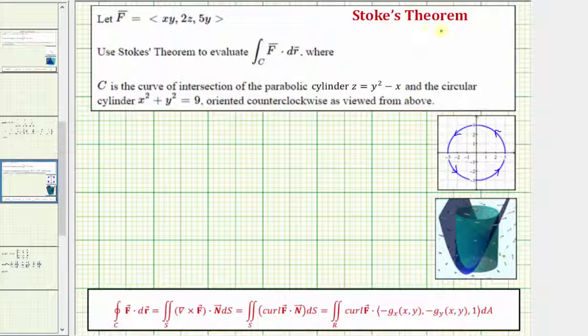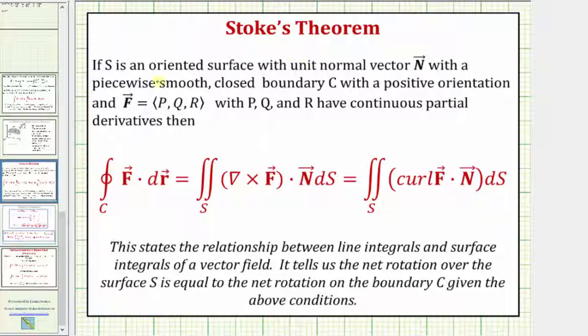So if Stoke's theorem applies, we can evaluate this line integral by evaluating the surface integral shown here. Stoke's theorem states that if S is an oriented surface with unit normal vector n with a piecewise smooth closed boundary C with a positive or counterclockwise orientation, and the vector field f has components p, q, r, which all have continuous partial derivatives, then it is true that the line integral along the curve C of f dot differential r does equal the double integral over the surface S of the curl of f dot n differential s.